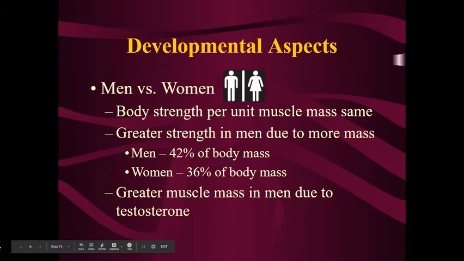Men, on average, have about 42% body mass made of muscle, where women, on average, only have about 36%. And so, because of that extra mass of muscle, that can contribute to greater strength. And in general, that greater muscle mass in men is due to testosterone. An increase in testosterone levels can cause the development of more muscle mass.